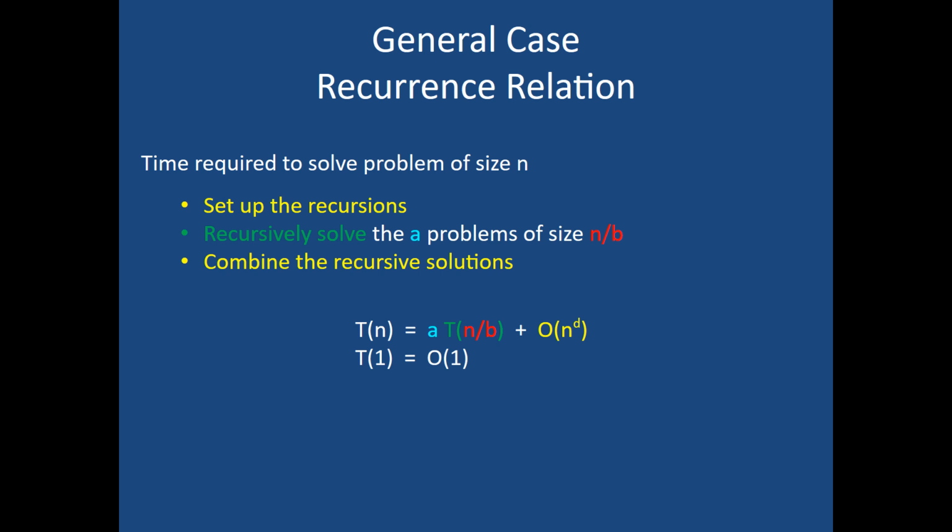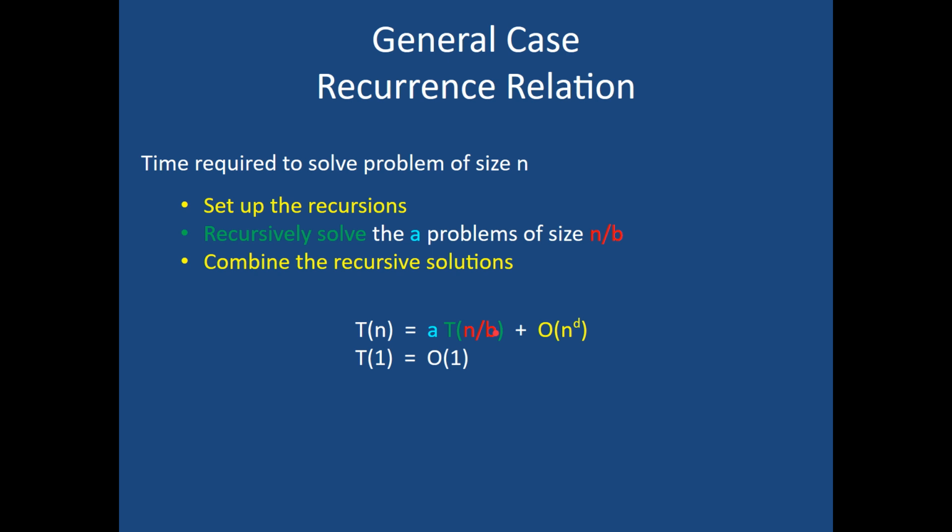So here it is. This is just setting up what we've already done. The master theorem can be used to solve recurrences of this form. So the idea is this is the number of recursions. This 1 over b, we're basically multiplying n by 1 over b.